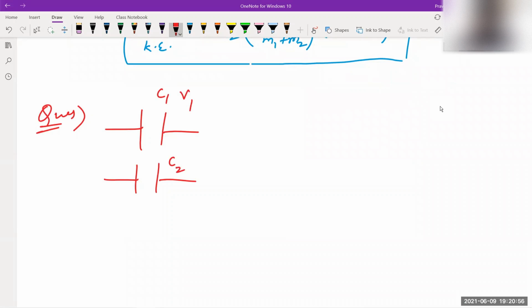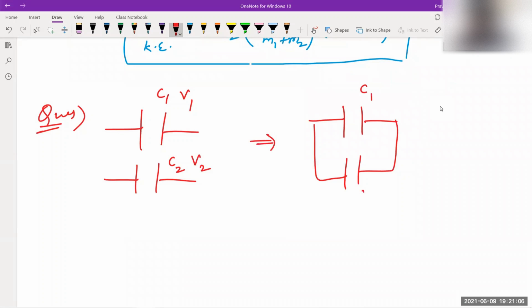The second one is C2 charged to potential V2. And now you have connected them in parallel, like this. So for C1, C2, we already know their common potential. You have to find how much loss of electrical energy will be present here.